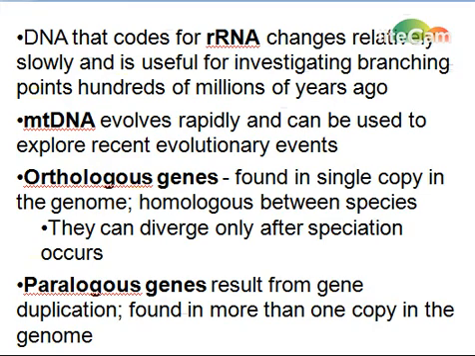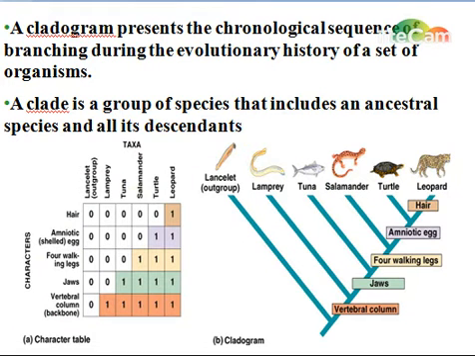I want to just define these two terms for you. Orthologous genes are found in a single copy in the genome, homologous between the species, and they only diverge after speciation has occurred. Paralogous genes, and I'm probably not pronouncing this right, result from gene duplication, and they're found in more than one copy in the genome. So why is this important? We're going to take a look at that in just a few more slides.